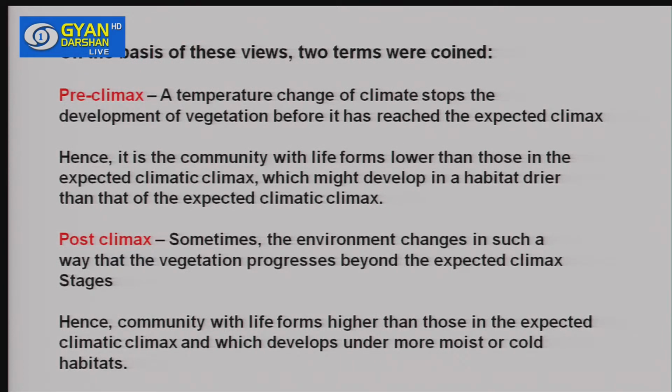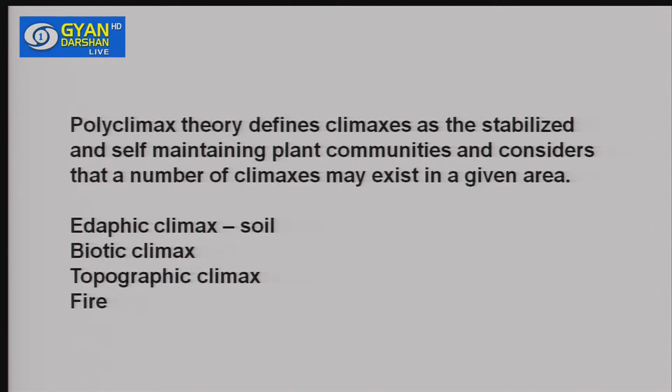You should consider other factors also, like soil factor, biotic factor, that is due to different predators, anthropogenic activities, topographic climax, and fire, because we have already seen that fire is a very important ecological factor which affects the vegetation.